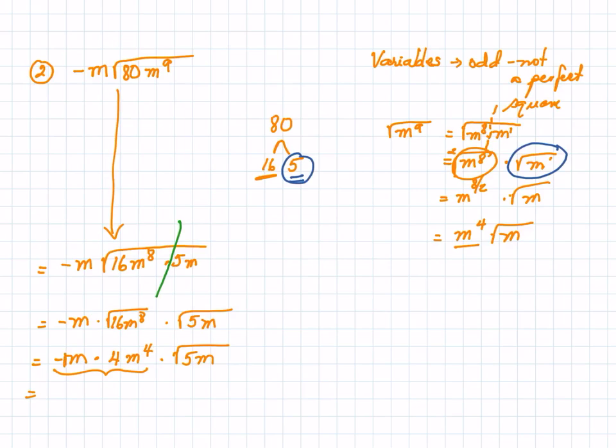Negative 1 and 4 is negative 4. M to the first times m to the 4, your rule of exponents is when you have the same base, you add the exponents. So I have 1 plus 4, that would give me a 5. And then I just bring everything back down. That should give you the answer.